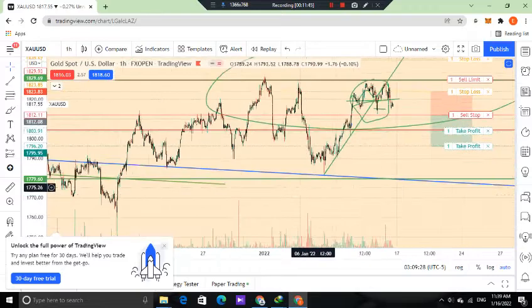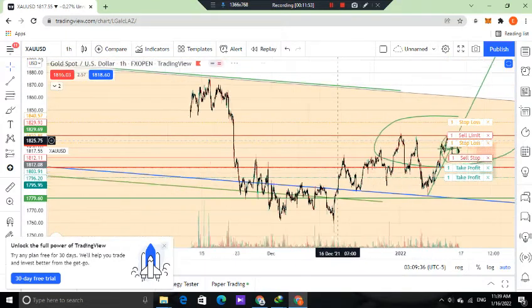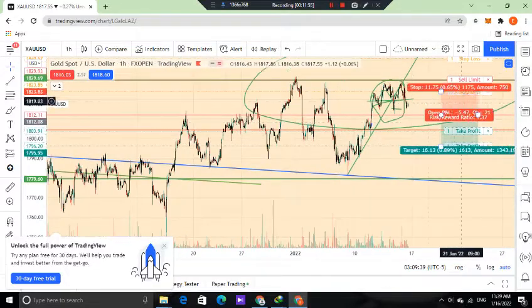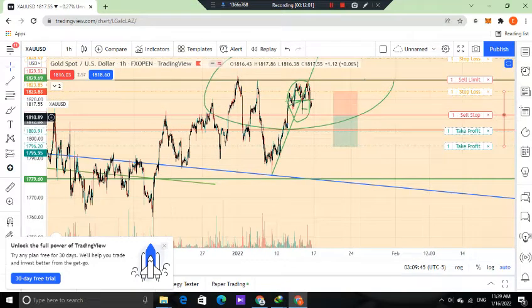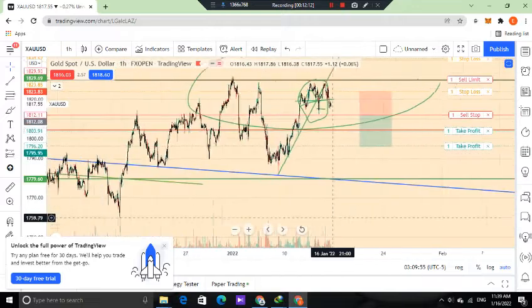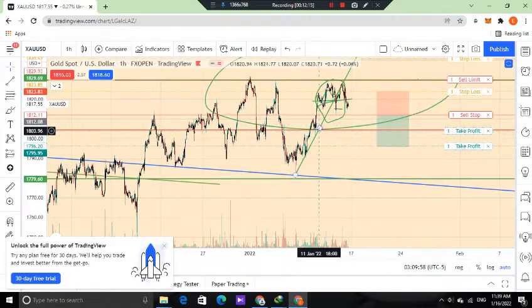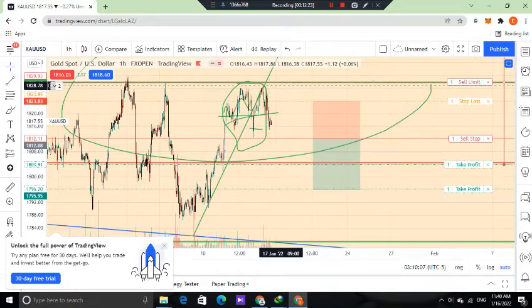So if you want to take a sell short position, you have to wait until you see a breakout under this level. I actually set 2 positions. I told you about the first one, and what about the second one? For the second one, I put my TP at this level, and my entry point is at this level.